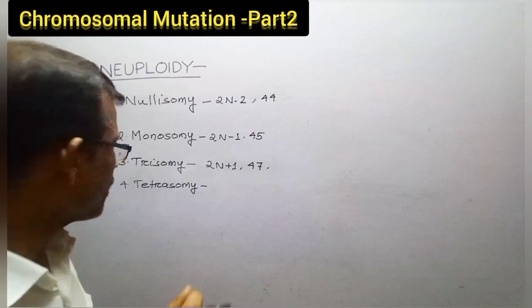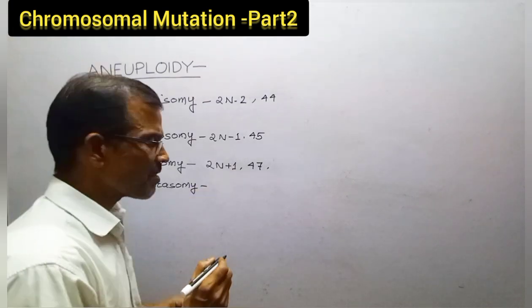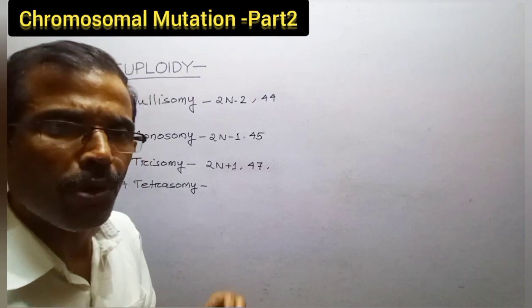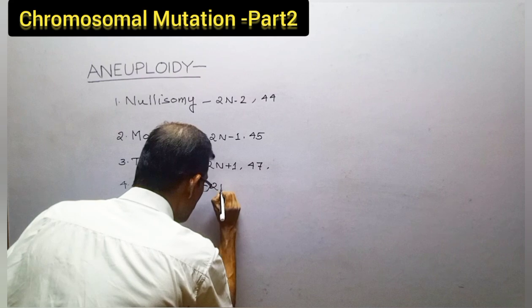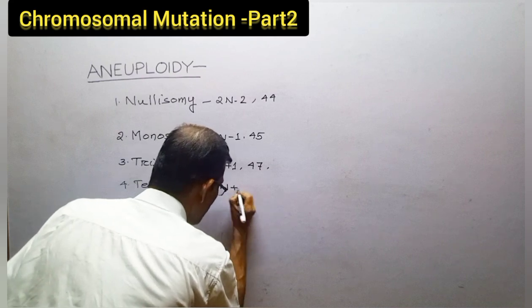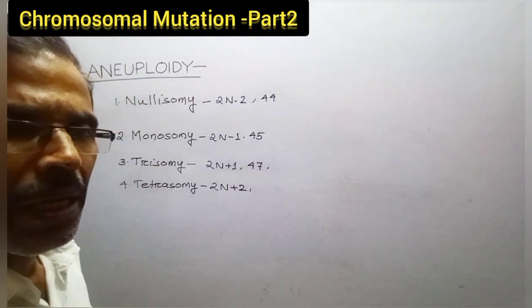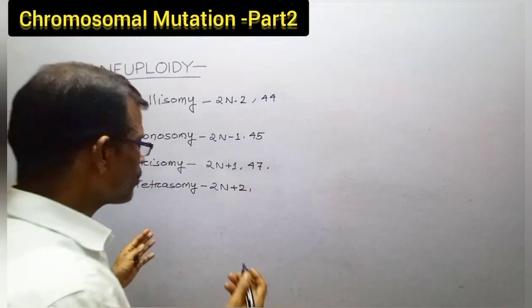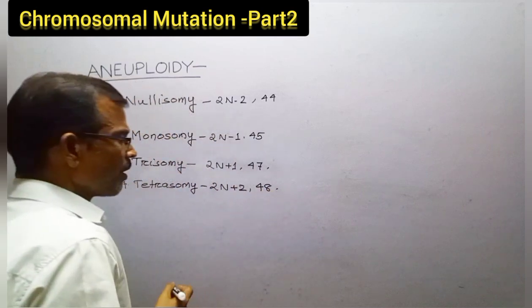Another aneuploid condition is tetrasomy, which is the gain of 2 homologous chromosomes. It is represented by 2n+2. In the case of human beings, a tetrasomic zygote will possess 48 chromosomes.